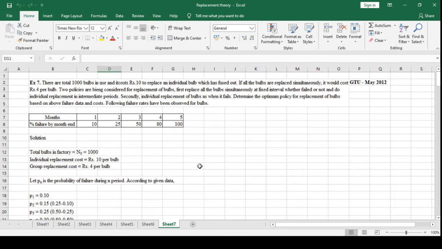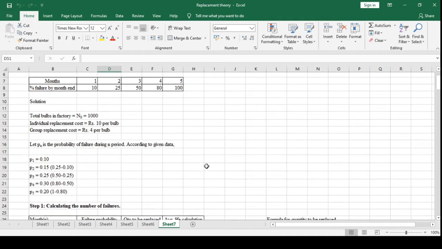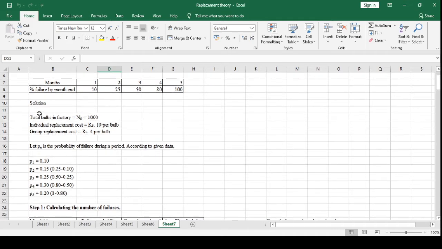Now we will start solving the example so you will understand it better. First of all we will write down the given data. The total number of bulbs in the factory is denoted by N0, which equals 1000. Next is the individual replacement cost, which is 10 rupees per bulb.